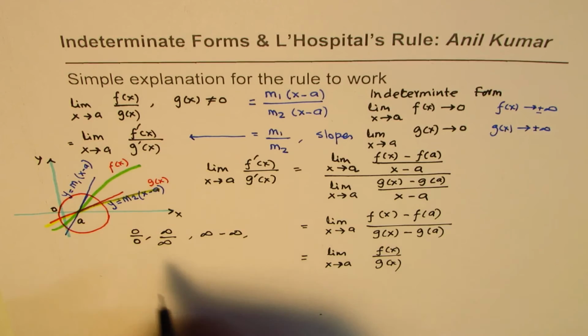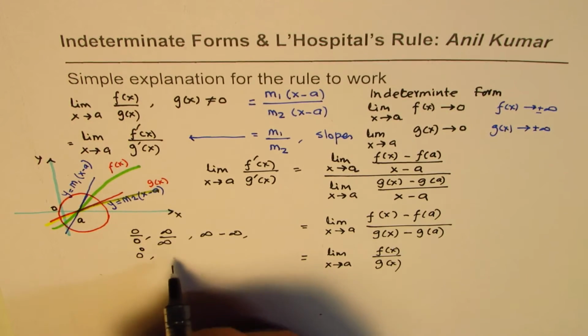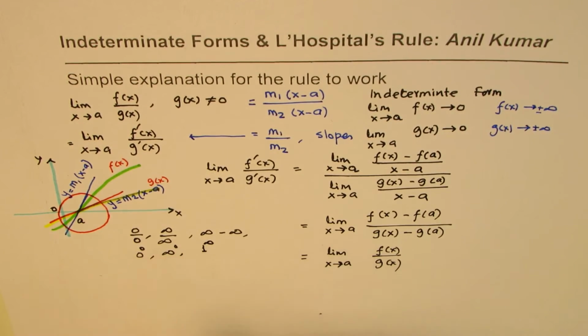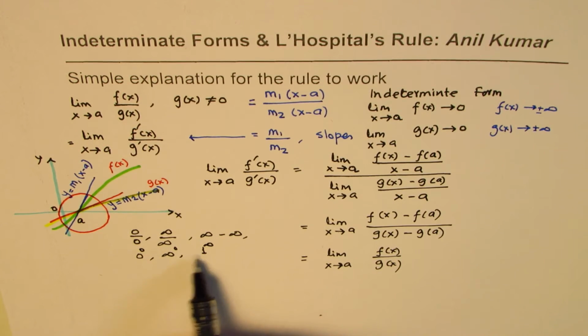And we'll have some power forms also, where 0 to the power 0 will be considered, infinity to the power 0 will be considered, 1 to the power of infinity will also be considered. So I'll take up these examples. These are special since to solve them, we may have to take the natural log on both sides. So we'll take them in a separate list of videos.